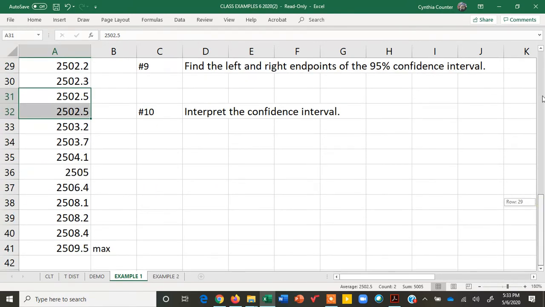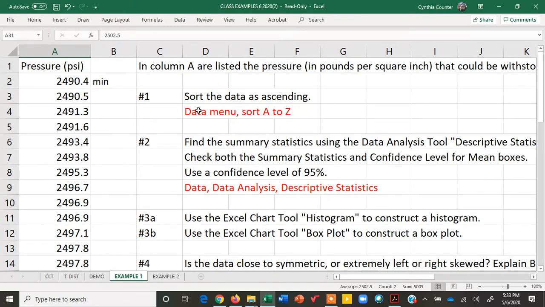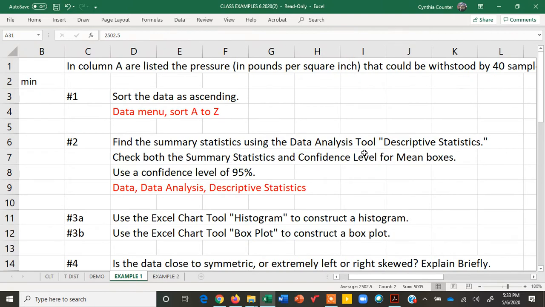Okay, so once we've done that, now we will do further summarizing using that data analysis tool that we just downloaded. We want to get the Descriptive Statistics tool because we want to look at our summary statistics. We're also going to later construct a confidence interval, so at the same time we are going to find the confidence level for the mean, and I will explain that later on.